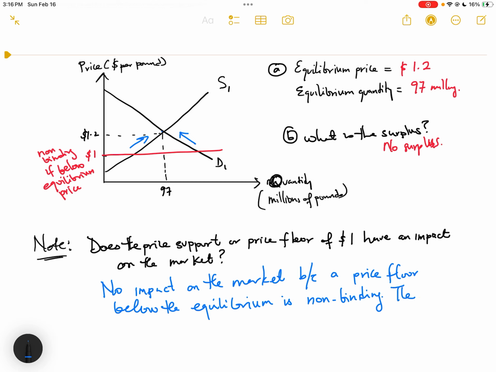The market will adjust back to the equilibrium.